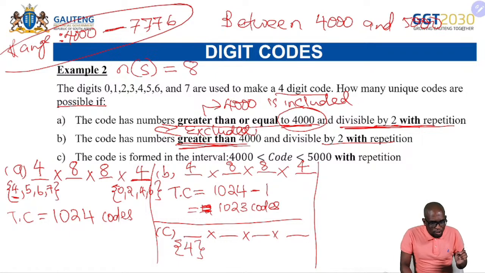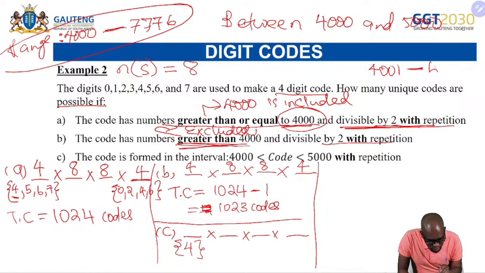Because the range of this code should start with 4,001 and should end with 4,777. The biggest numbers in this case would be 4, 7, 7, 7, if it's with repetition.